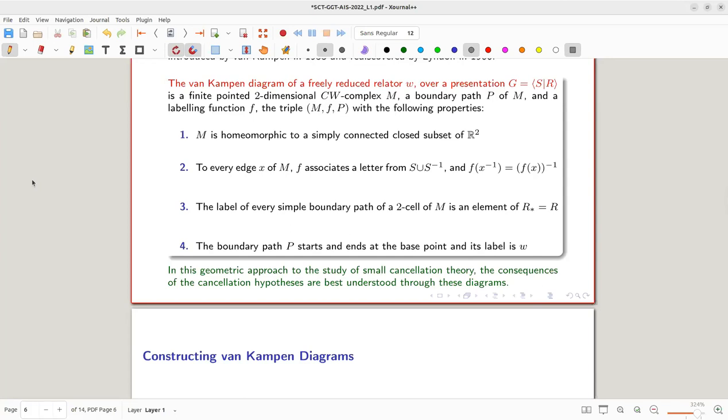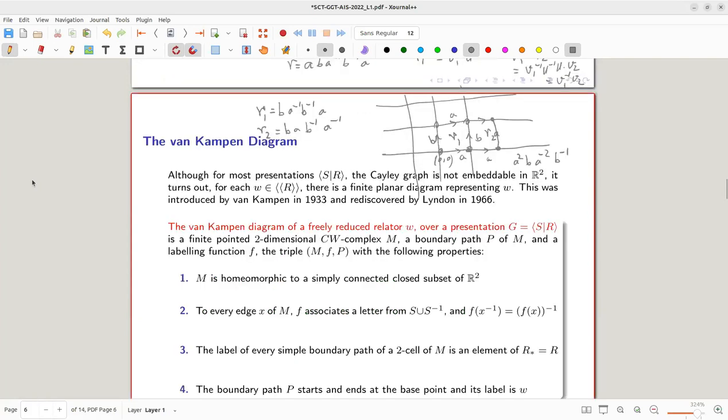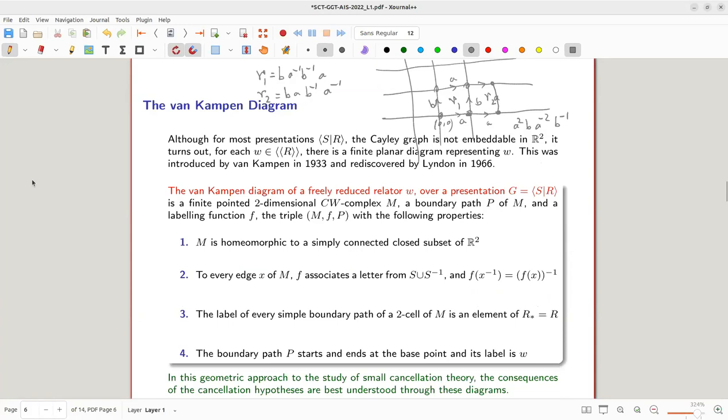So it is essentially a cyclic permutation. That is what we want, right? And the boundary path P, the boundary of the entire two complex M, starts and ends at the base point, and it is the given freely reduced word W. Okay, so that is it.